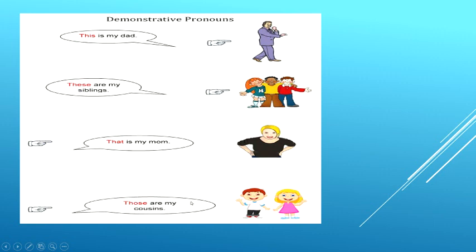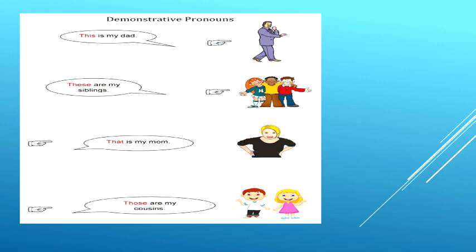Those are my cousins. Students, at the same time, you should see that with the demonstrative pronouns this and that, the helping verb is singular because this and that are used to refer to objects or persons who are singular in number.